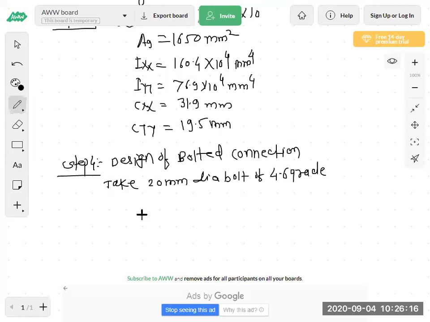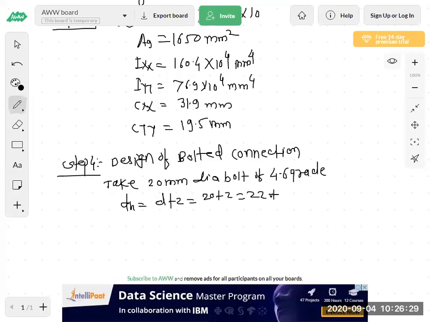Initially we will calculate the diameter of hole also. So DH is equal to D plus 2, so 20 plus 2 is equal to 22 mm.